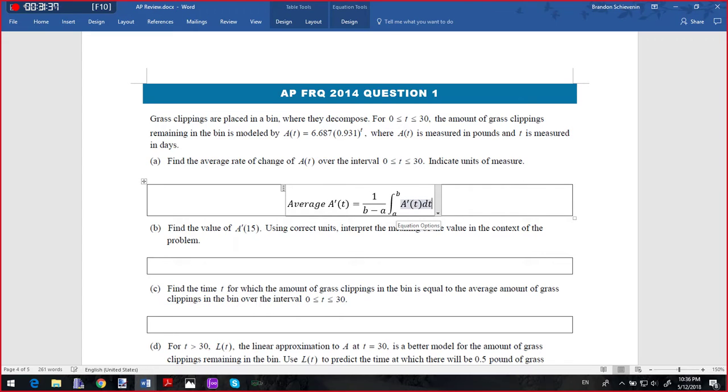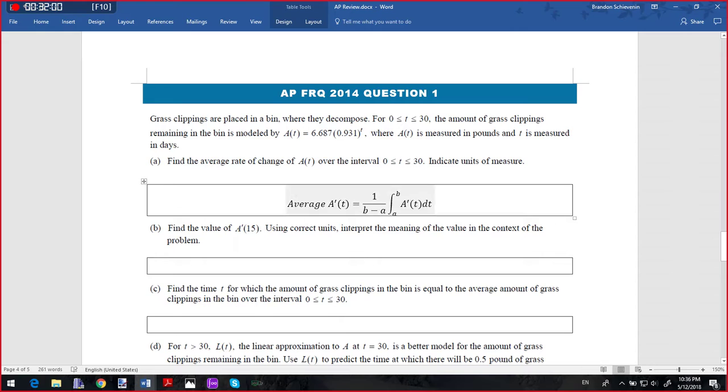Okay, is there anything you see that I could make easier? You plug in 30 to the derivative and subtract the derivative when you plug in 0.